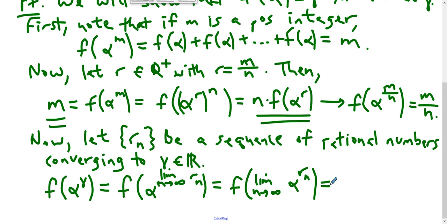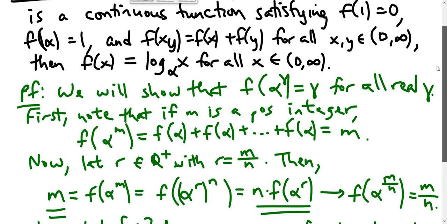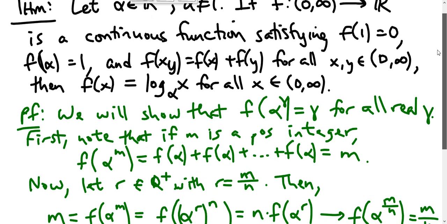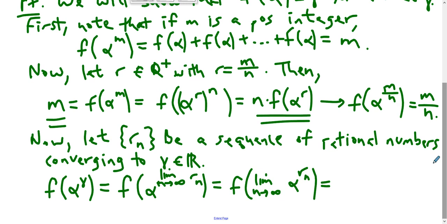Well, we also know that f is continuous. We assumed that way up here. f is a continuous function. And because f is a continuous function, f of the limit is the limit of f.